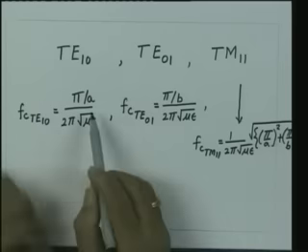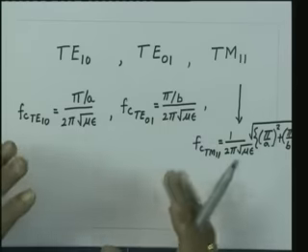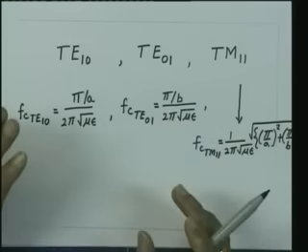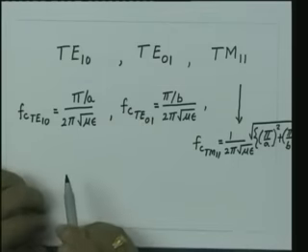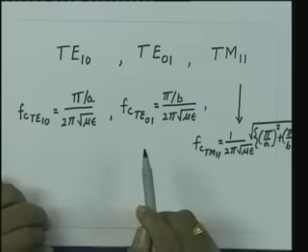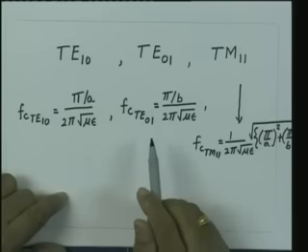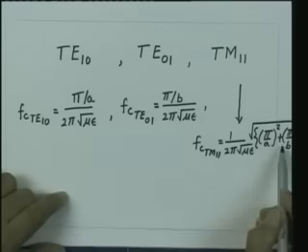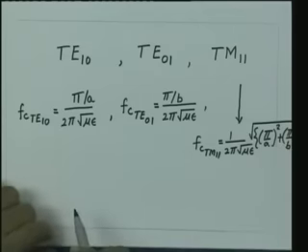Now, recall by definition we have a greater than b. If we are not considering a square waveguide, where of course these two quantities will become equal, then for a rectangular waveguide, since a is always greater than b, this frequency is smaller than this, and this frequency will be smaller than this, because you now have both the terms pi upon a and pi upon b.